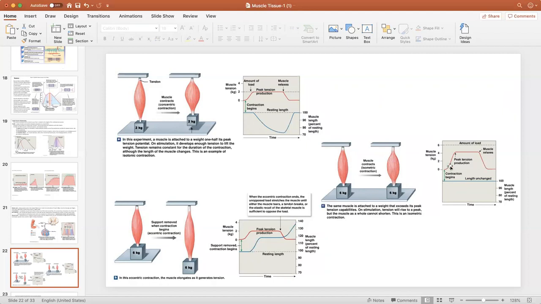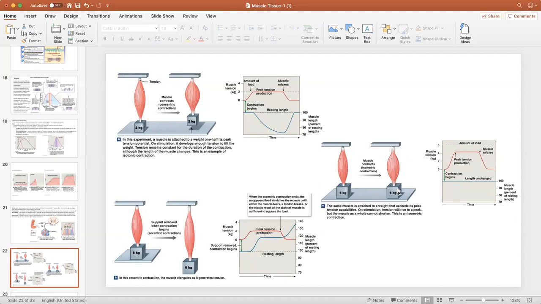Okay, so the tension doesn't surpass the amount of the load. So the load doesn't move, but the muscle fibers are active. Okay, so when the amount of the load is less than the muscle activation, and we move the load, we shorten the muscle. Okay, that's isotonic concentric contraction.